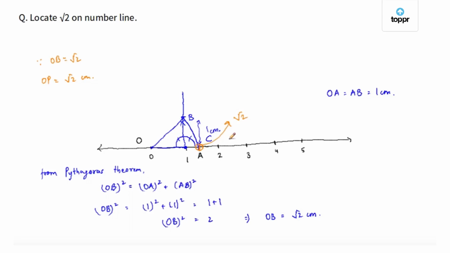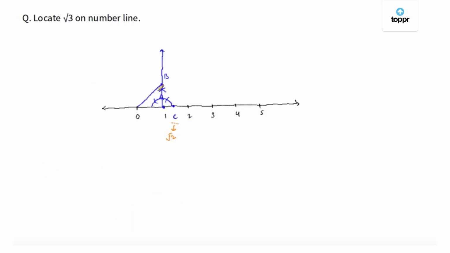Now using this root 2, we will locate root 3. Even in your exams, if you are asked to locate root 3 on number line, you will have to draw root 2 first. Now taking OB as base, draw an angle of 90 degrees at point B, and along this angle mark point D at a distance of 1 centimeter from point B such that BD is equal to 1 centimeter.